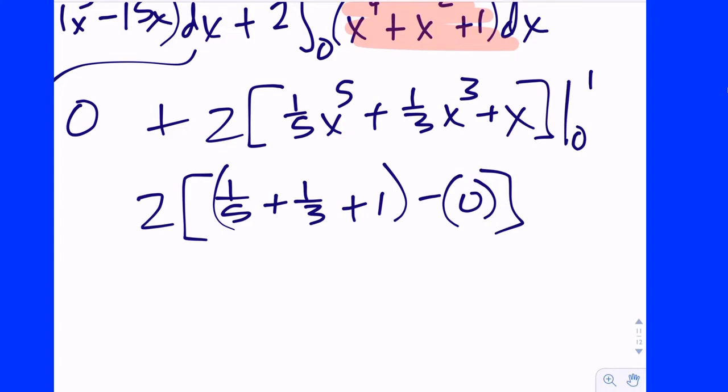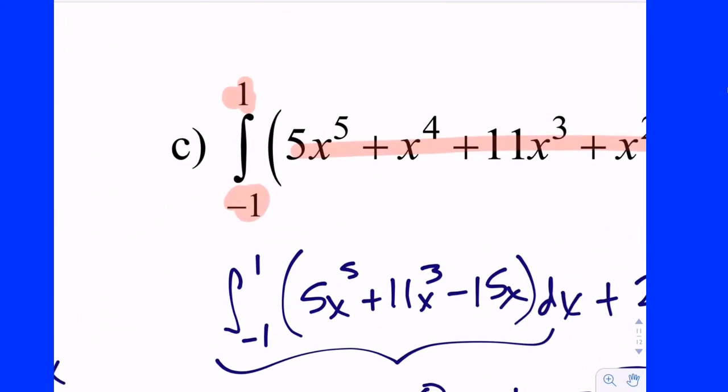So we can look to use symmetry when we are integrating on what type of interval? When we're integrating on a symmetric interval. It's not as important to look for symmetry if you're not integrating on a symmetric interval. I guess you could break it up using the additive interval property.